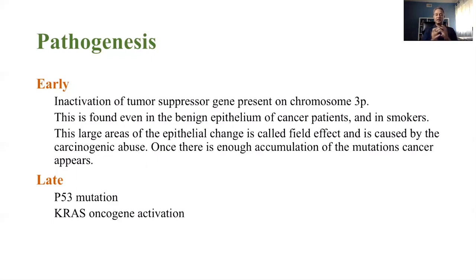So then the question became why that gene mutation is not causing a cancer. The study shows that these mutations slowly accumulate, finally reaching a point where it becomes cancer, and that is how the process is. In the late cases, P53 and KRAS mutations are common.